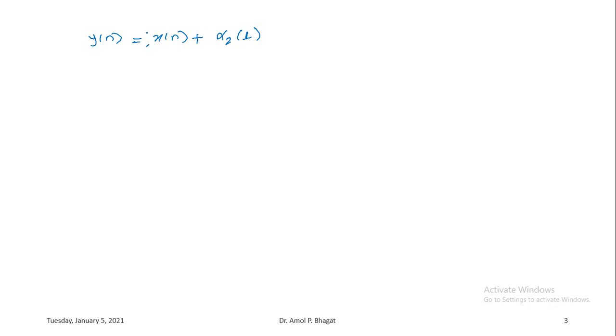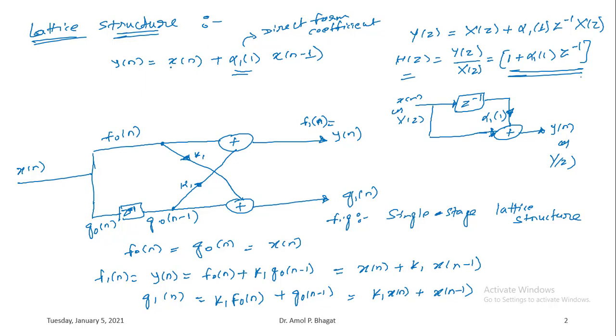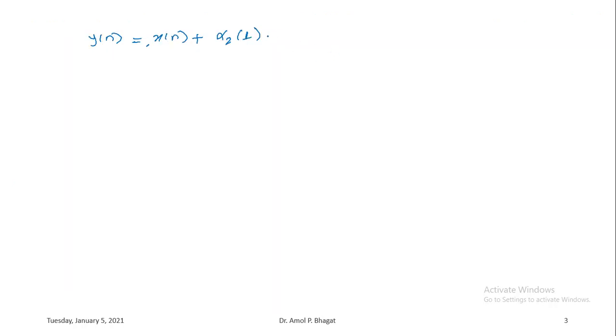As well as here the coefficient of x of n, alpha 1 of 0 is there, but alpha 1 of 0 is 1 in this case, right? So alpha 2 of 1 into x of n minus 1 plus alpha 2 of 2 x of n minus 2 will be there.